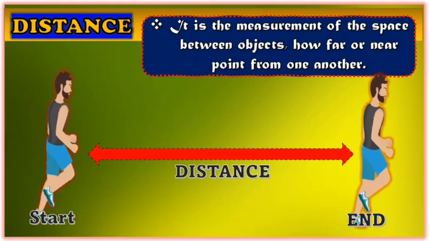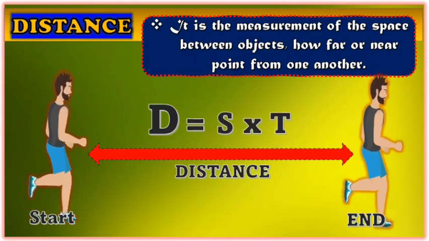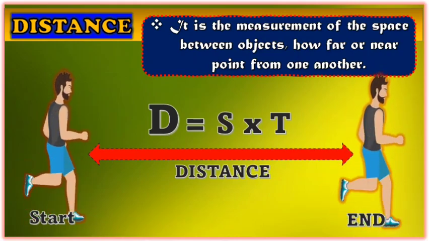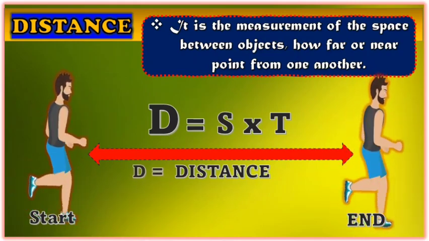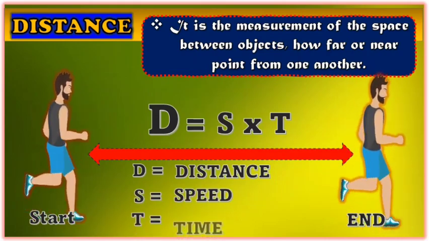So titignan natin yung distance, paano kaya kukunin yung distance, or how can we get the distance of an object. So this is D is equal to S times T, wherein D is the distance, S is for the speed, and T is for the time. That is on how to get the distance of an object.